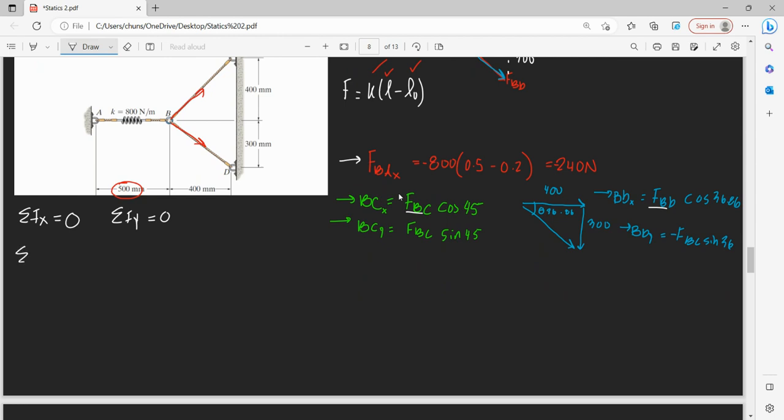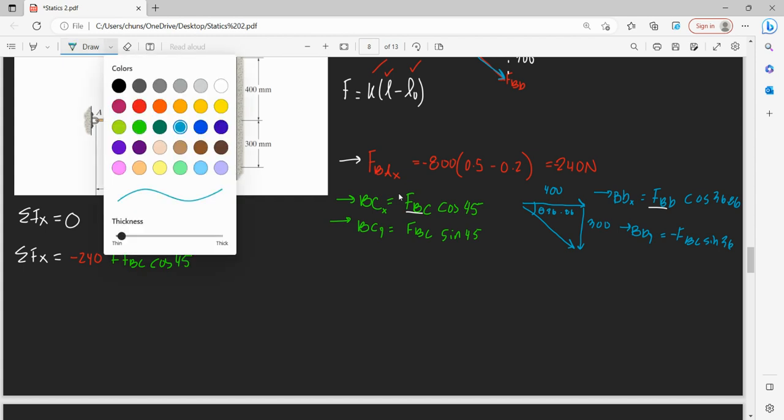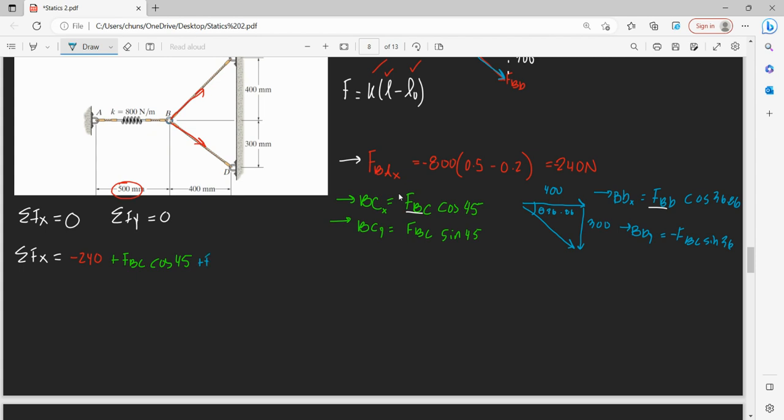Let's start with Fx. From our spring, we have negative 240 newtons. From FBC, we have positive FBC cos 45, and then plus FBD cos 36.86. Let's simplify this down and move 240 over here.